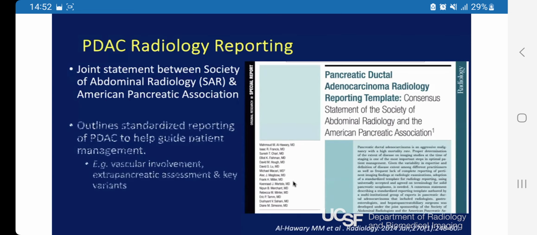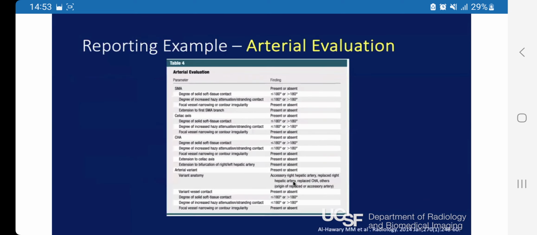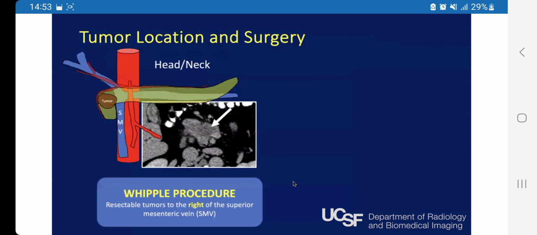And it's very useful. The benefit of this reporting system is that each major vessel is separately mentioned, and the degree of involvement is determined vessel by vessel. In addition, there are some additional parts about vascular variants or any other relevant findings which can help the management of PDAC.